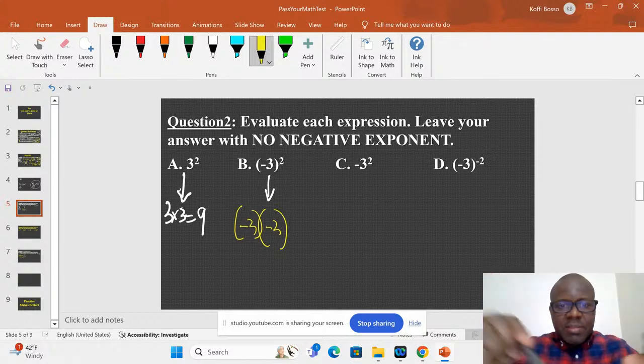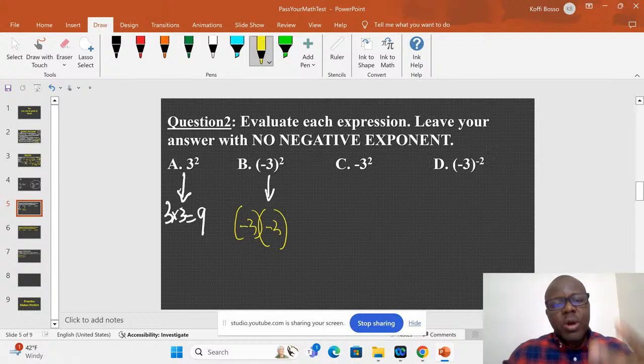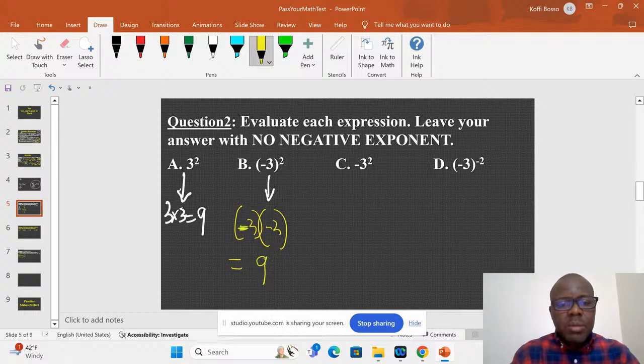So the base here is -3 in parentheses, and we multiply it by itself. We repeat this 2 times because the exponent is 2. So -3 multiplied by -3 gives you +9. You have to understand that in math, a negative sign multiplied by another negative sign turns into a positive, and 3 times 3 is 9.